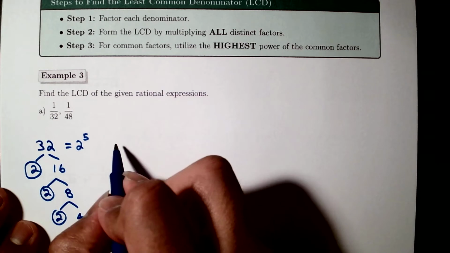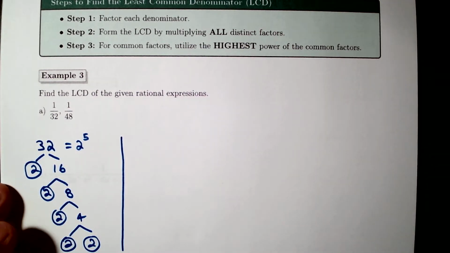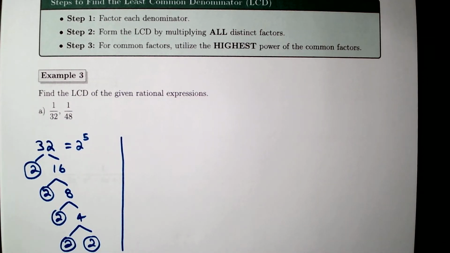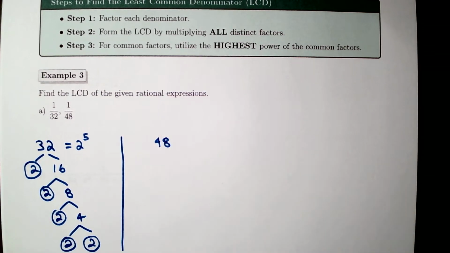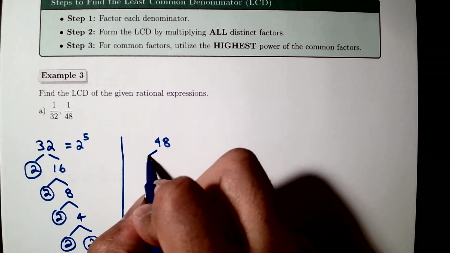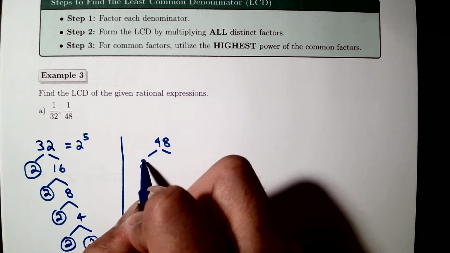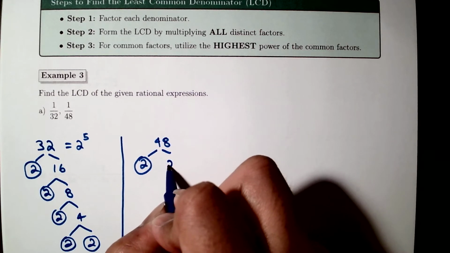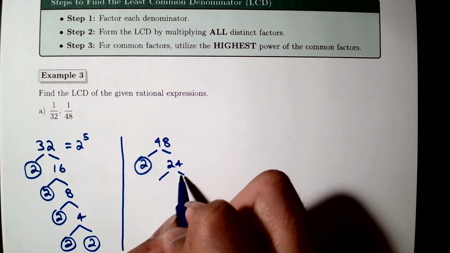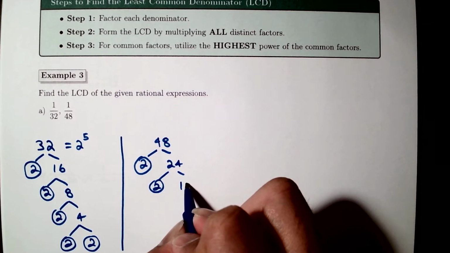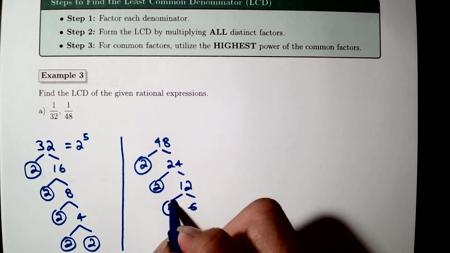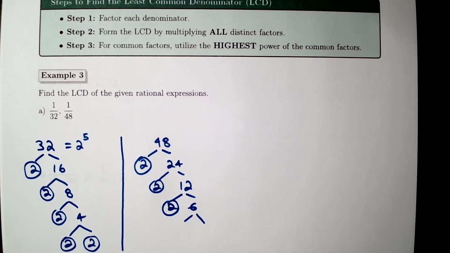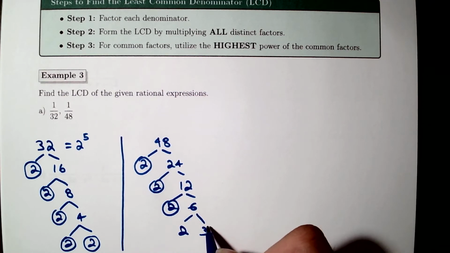Okay, let's do the same with the number 48. If we divide by 2, that's 2 times 24. Divide this by 2, that's 2 times 12. Divide by 2, that's 2 times 6. Divide by 2, this is 2 times 3.